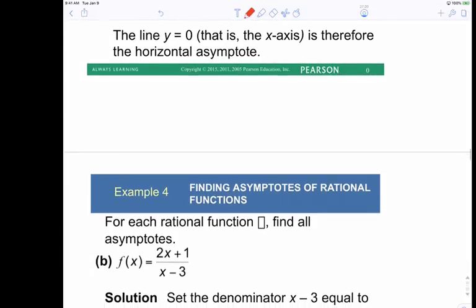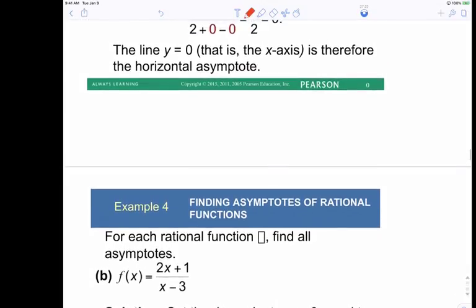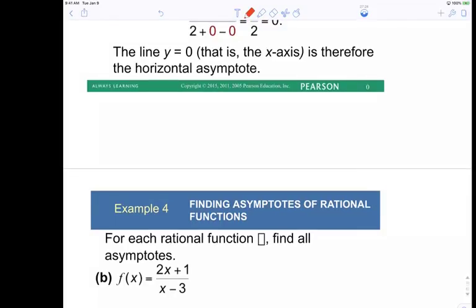Find all asymptotes. So the horizontal is y equals 2. Tell me about the vertical. The vertical occurs when the denominator is equal to 0. It's okay because we just introduced it today. I know it's a lot.